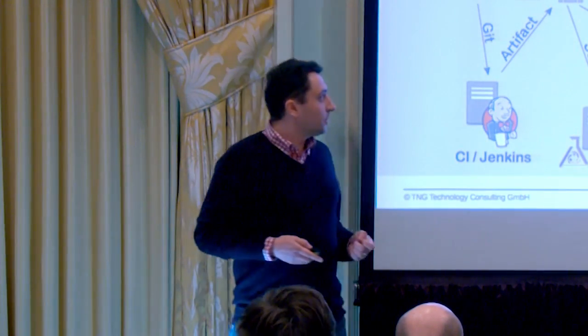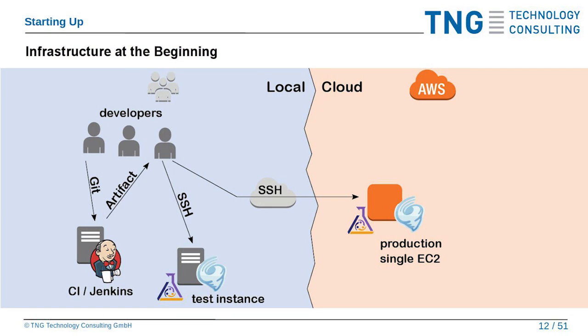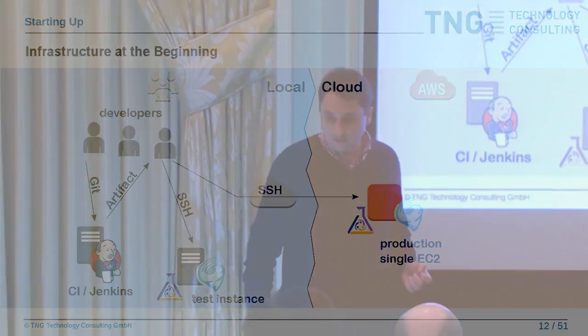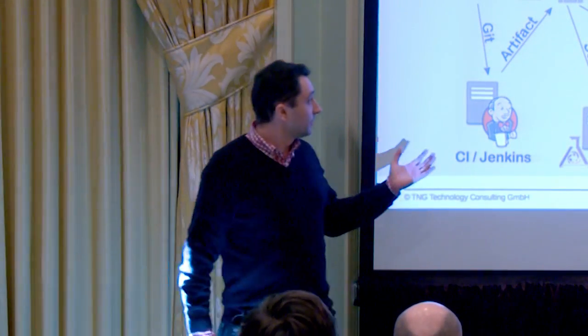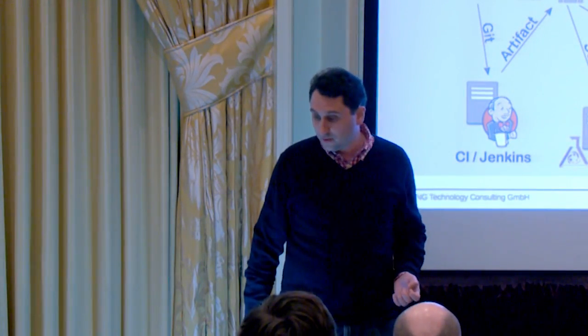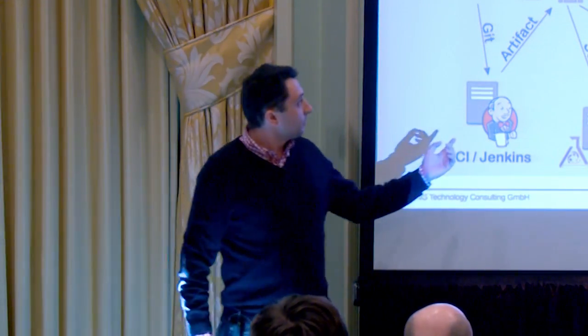And when I joined the project, the setup looked very simple. We have our developers. The developers push their commits via Git. The CI ran on a single server, which had Jenkins installed on it. The artifact is just a build result of a Jenkins pipeline and can be pulled by the developers.